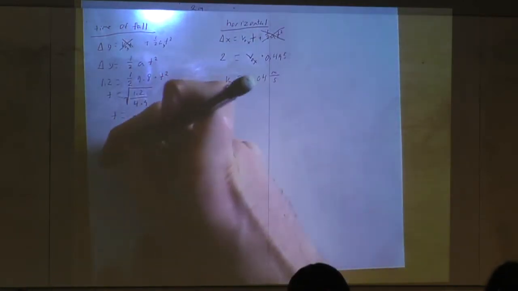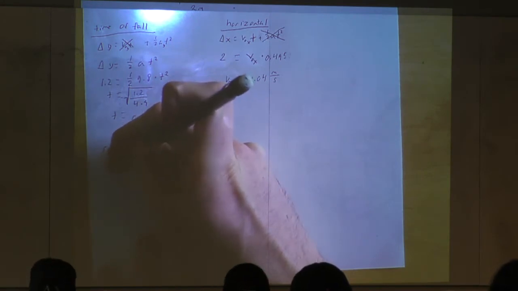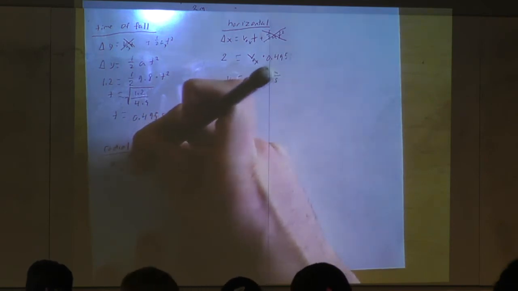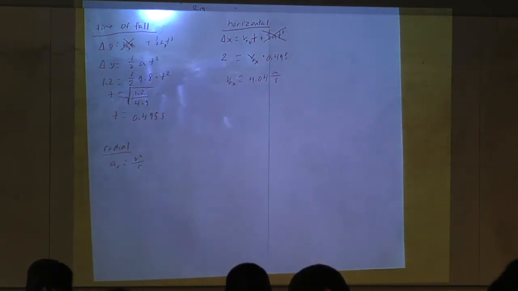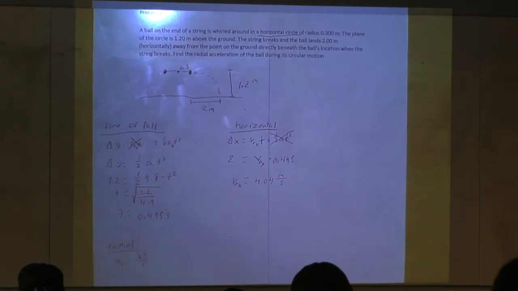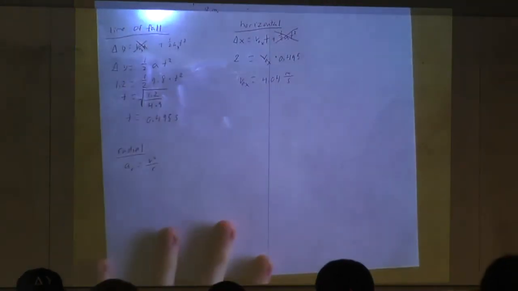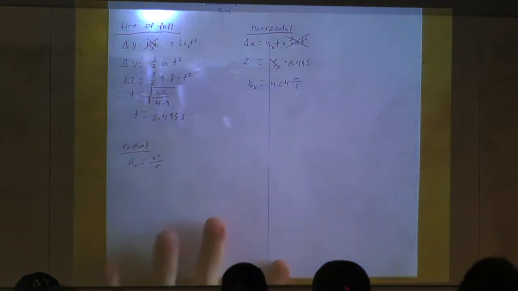So our centripetal acceleration, our radial, excuse me, is always v squared over r. And we are given our radius in the question. So right there we knew it was 0.3. And then we just solved for our horizontal velocity.